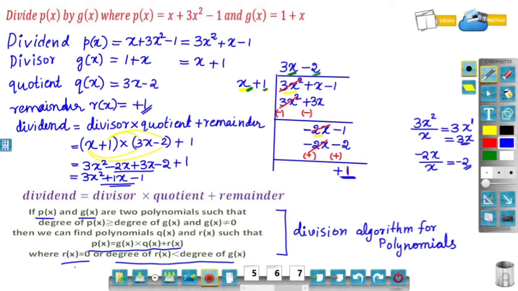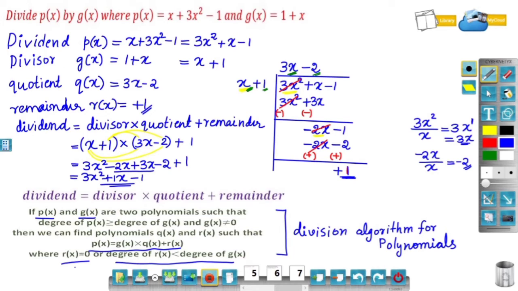If p of x and g of x are two polynomials, then we can find q of x and r of x such that p of x is equal to g of x into q of x plus r of x. And you have to remember the condition.